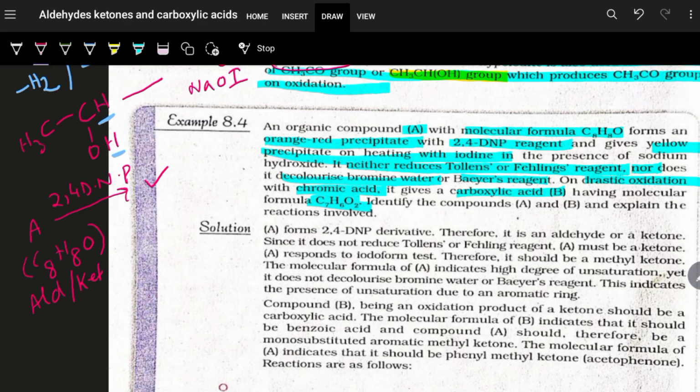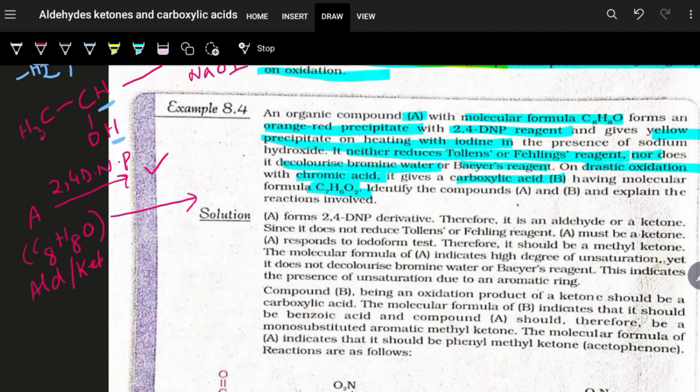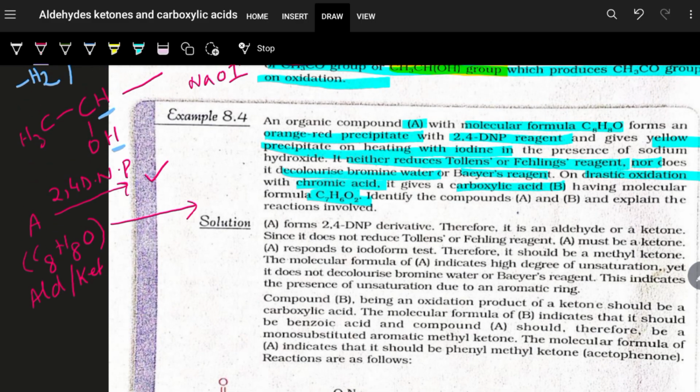It gives a yellow precipitate on heating with I2 in presence of NaOH, that is what I said just now. So it gives the iodoform test, so obviously it contains a ketomethyl group. Again, it can be an aldehyde or a ketone, but obviously it contains a ketomethyl group.